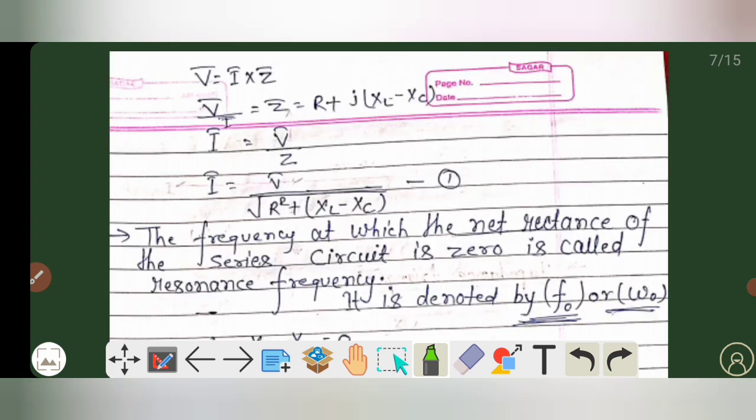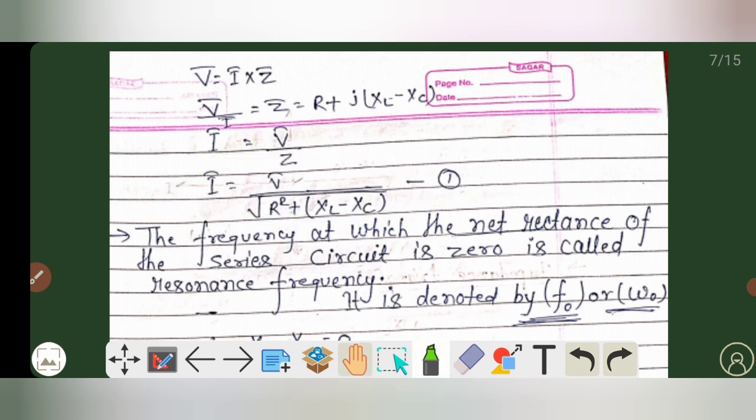So the impedance here will be R plus j(XL minus XC). We also know that I is equal to V by Z, the impedance, and here we put the value of Z, which gives the value of current.